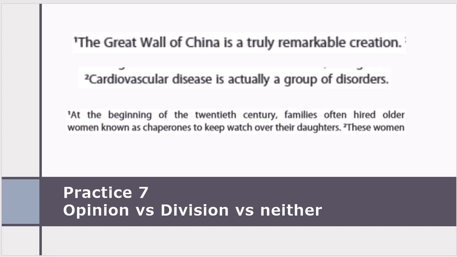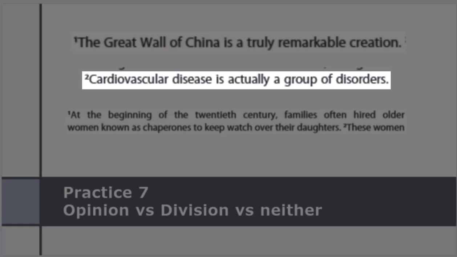The next paragraph is from paragraph number 4. The topic sentence in this one is number 2. Cardiovascular disease is actually a group of disorders. And here we have the topic is cardiovascular disease, and the controlling idea is group of disorders. Here is an example of a plural noun, disorders.